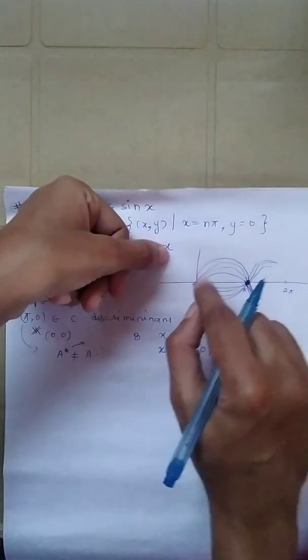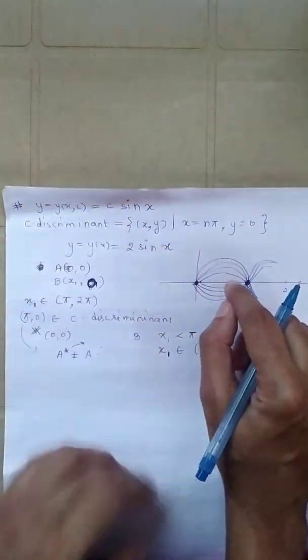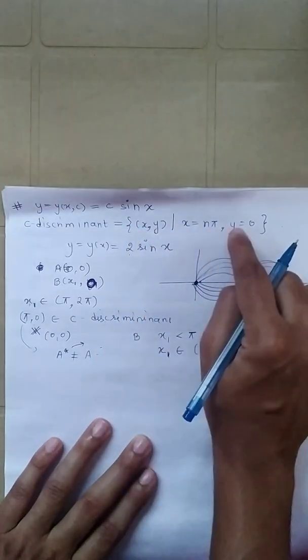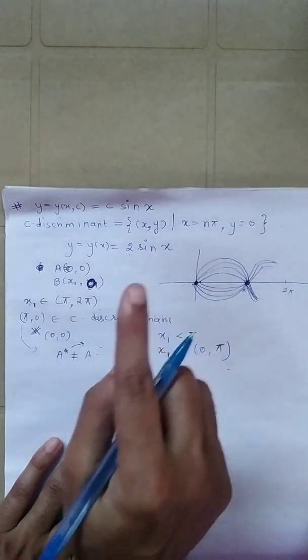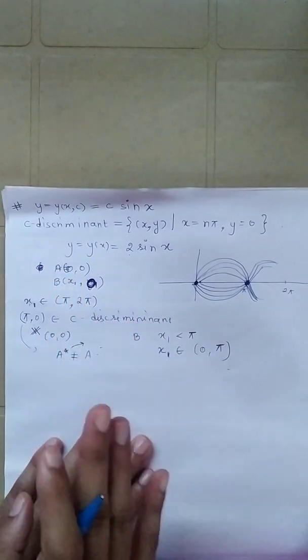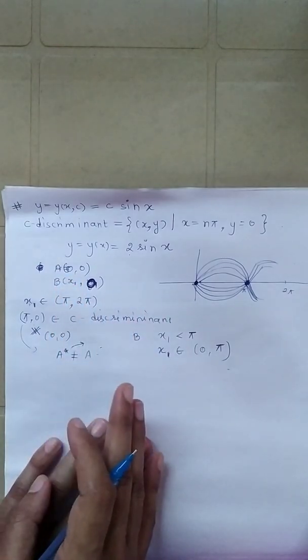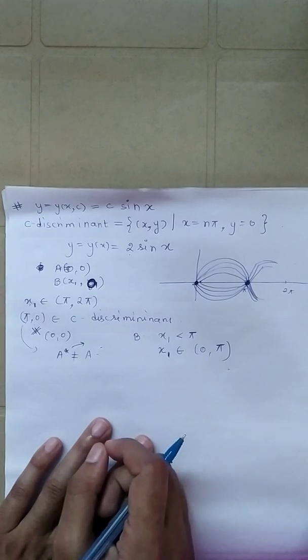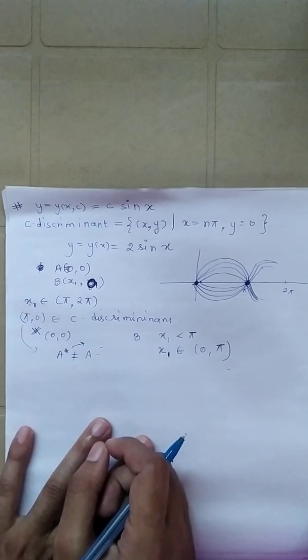Then the arc AB will have no point common with the C discriminant except the point (0, 0), and therefore there is no point conjugate to A.